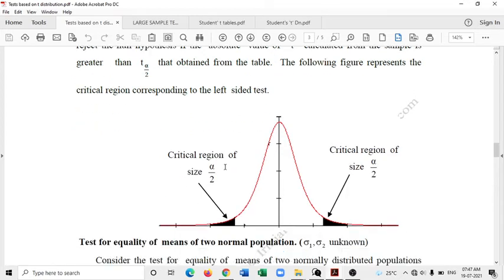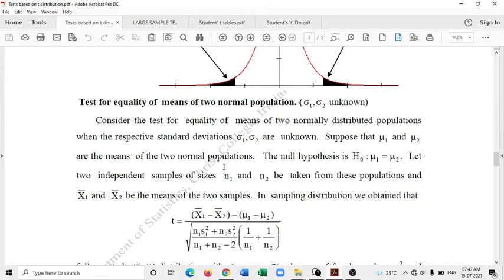Now we have the second application of T distribution, that is T distribution for equality of means of two normal populations. Here also this test is applicable when the population standard deviations sigma 1, sigma 2 are unknown and samples are small in size. Also note that this is only for populations following normal distribution.